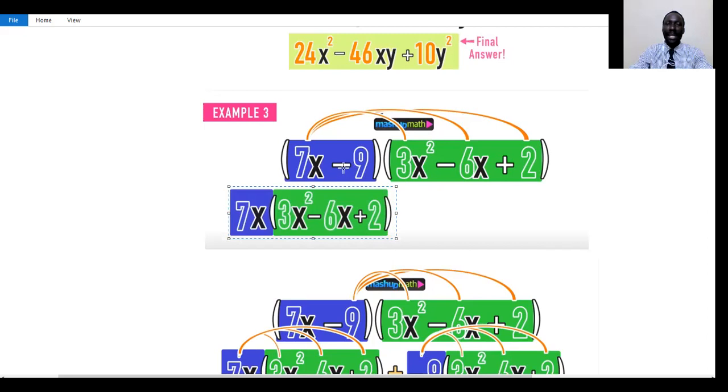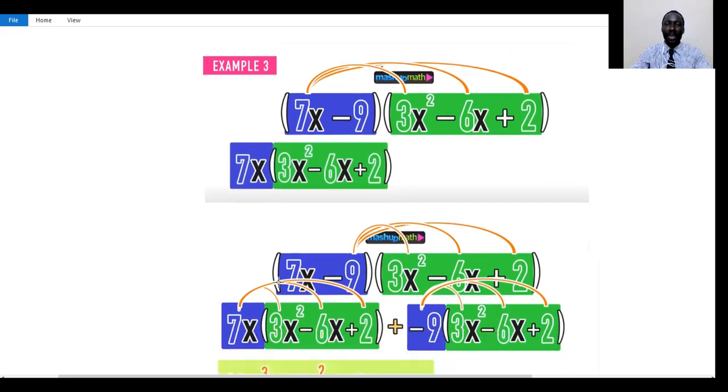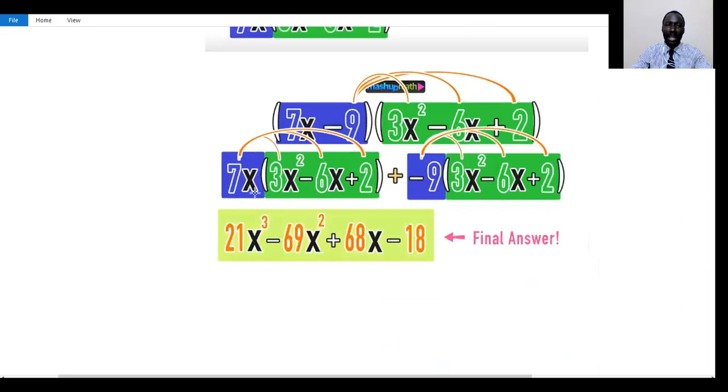Then later, we will take this minus 9, which we have to use to multiply everything inside this bracket here. What will that be? Well, this is going to be minus 9 times that. So when we combine the two, it's going to be 7x, which is the first term in the first bracket, times all the quantities in the second bracket.